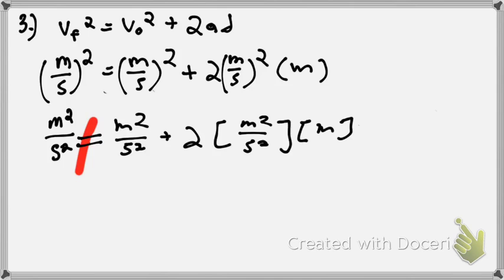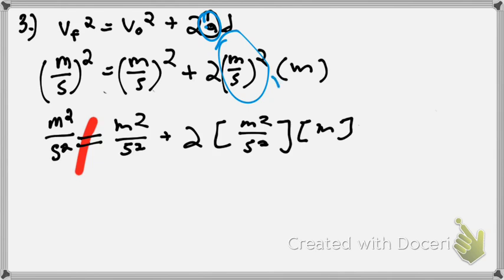Why? Because right here, let's use a different color. We realized that for acceleration, we used the velocity formula, and we also squared it.